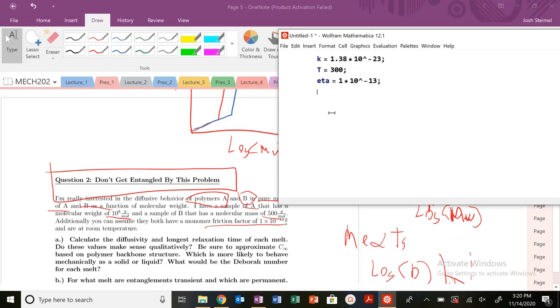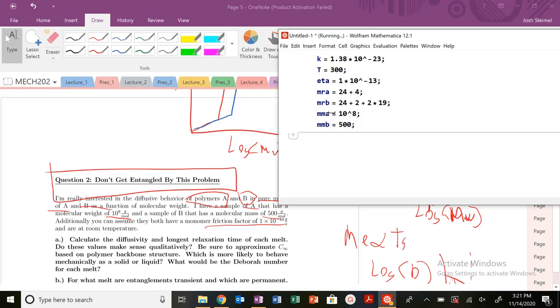And then finally, my molar mass of the repeat unit of A is going to be equal to 24 plus 4, and my molar mass of the repeat unit of B is going to be 24 plus 2 times those fluorines, 19. That's going to be my values here. I know that my molar mass of A is going to be 10 to the 8th, and my molar mass of B is going to be equal to 500.